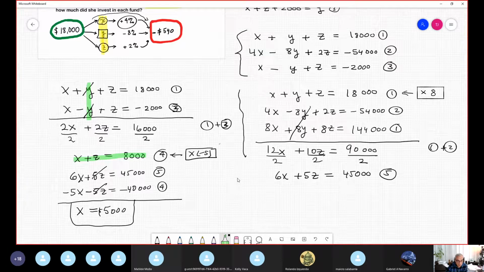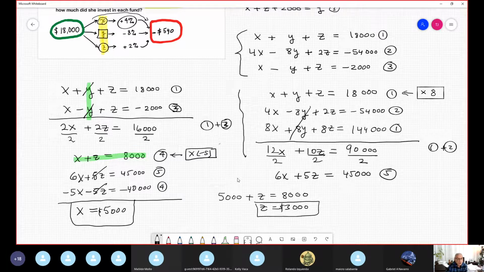So see, X is 5,000, sorry, plus C is equal 8,000. C is equal 8,000 minus 5,000, which is 3,000. So she invests $3,000 in this account.